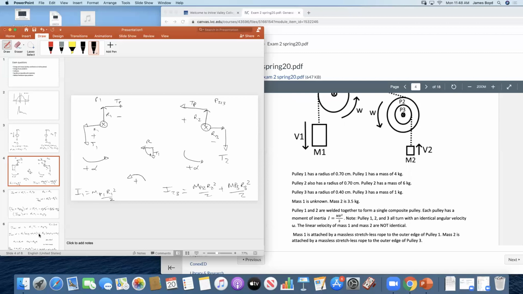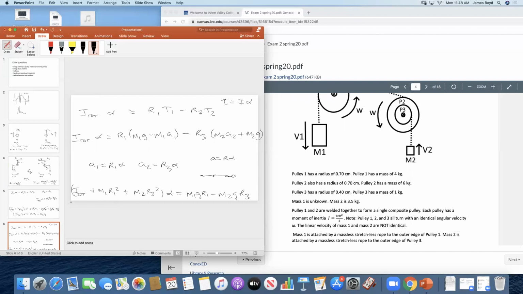We know mass 2 is 3.5 kilograms. We know R3 is the same radius as this pulley 3, and R1 is 0.7. So when you plug all that stuff in here, you can solve this for mass 1 because you know everything else. It's a little hard, but we're going to show you how this becomes easy.